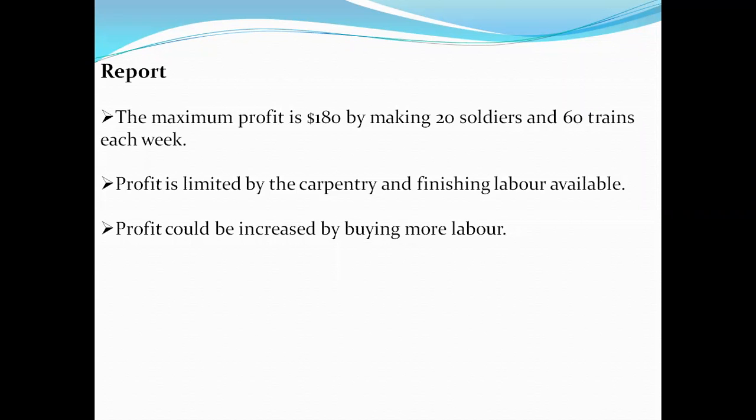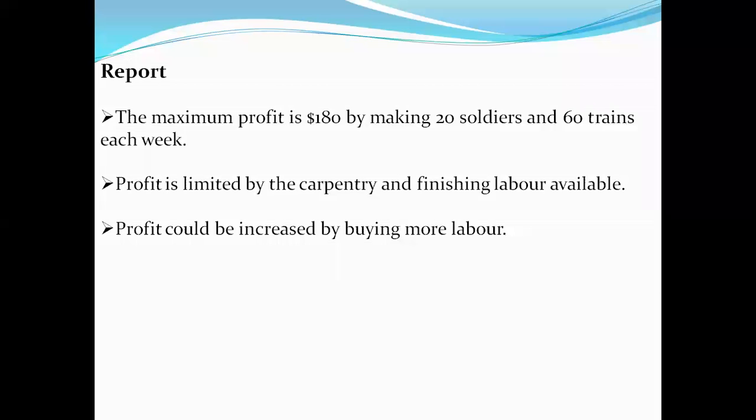Right? So here the different parameters play a major role in the given constraints, that is, in report framing. The overall maximum profit is $180, but it is limited to manufacturing only 20 soldiers and 60 trains, because the question clearly specifies that we analyze the overall manufacturing for only a week for both soldiers and trains.